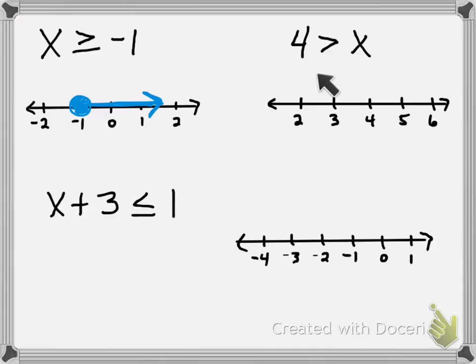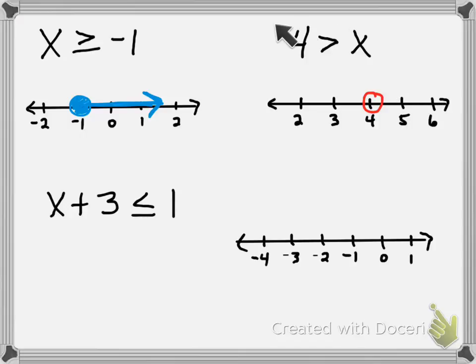Alright, so the next one, it says 4 is greater than x. So I go circle my number, circle the 4. Since it can't be equal to, I don't color it in. I keep it open. Now, what about my arrow? Well, that's a greater than sign like this one was, so do you think I'd draw it to the right again?